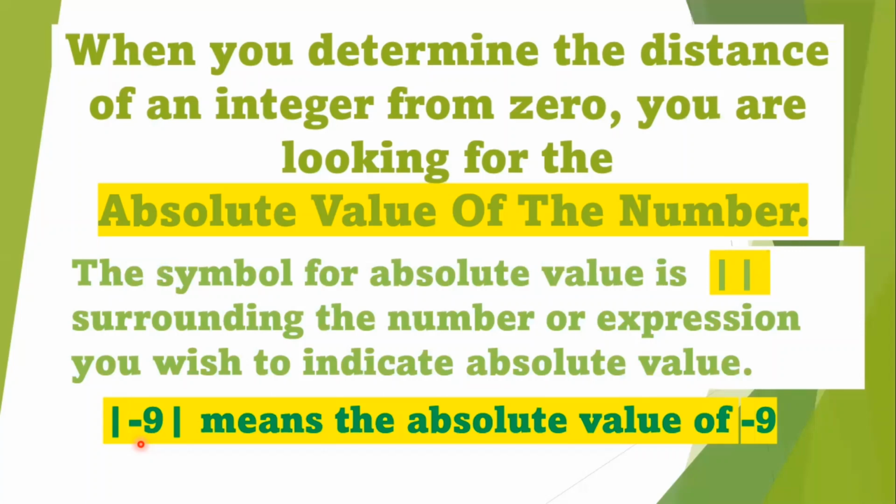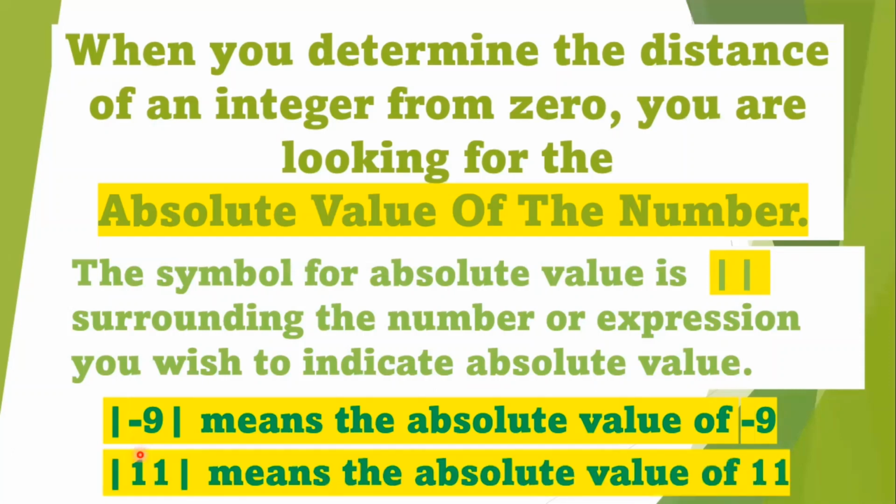Ibig sabihin para niyang kinukulong, hinaharangan niya yung ating number. We read this as the absolute value of negative 9. Another example, we have here the positive 11. So this is the absolute value of positive 11. Nakuha? So that is how we're going to write in symbols our absolute value of the number.